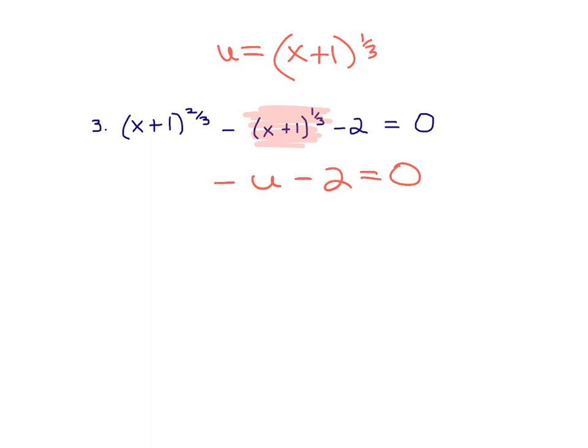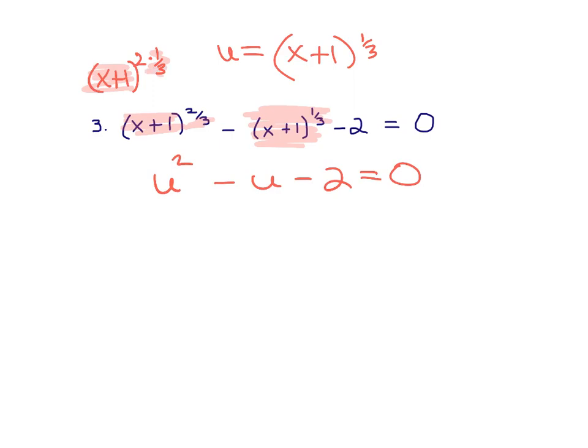Notice over here, this part is what u is, but then I square it because it has the exponent of 2. If you want to think of it as x plus 1, and separate that 2/3 into 2 times 1/3. So you've covered, and u equals this part of it, and then you just put the square there.